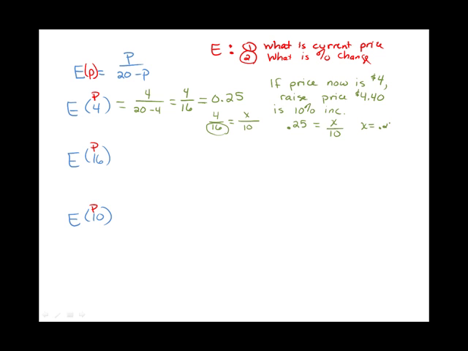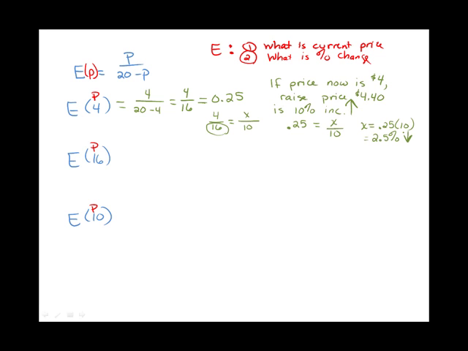So it would be x equals 0.25 times 10. And so that gives me a 2.5% change of demand. Okay, so if my price goes up, my demand is only going to drop 2.5% of my current sales. Not a lot of change.